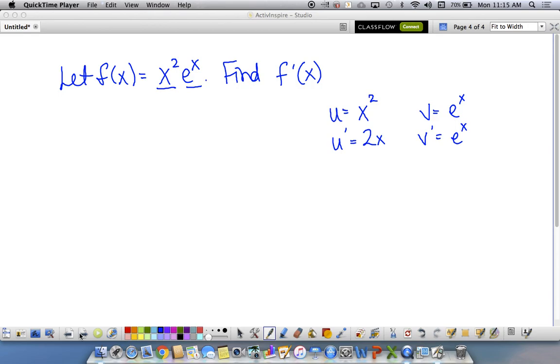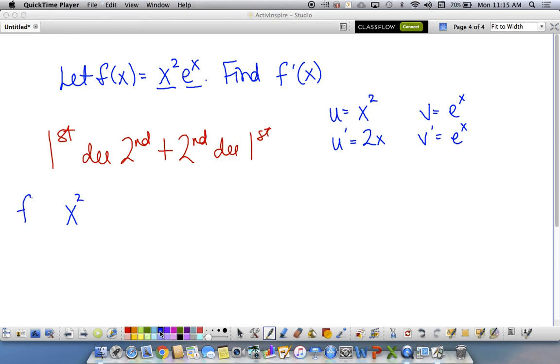All right. So, first, d second. I'm going to write this again. First, d second plus second, d first. I'm going to write it as many times as it takes to get it in my head. Maybe to get it into your head. Okay? So, my first is x squared.